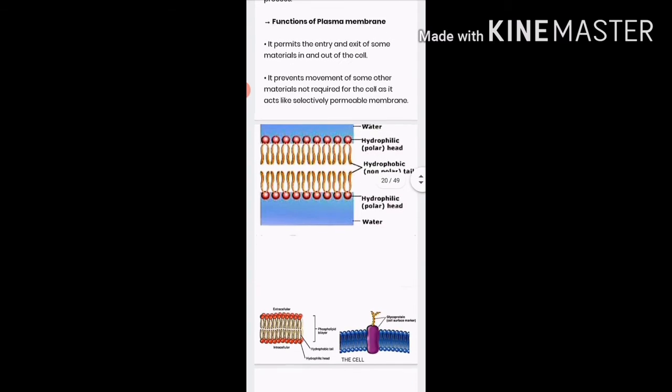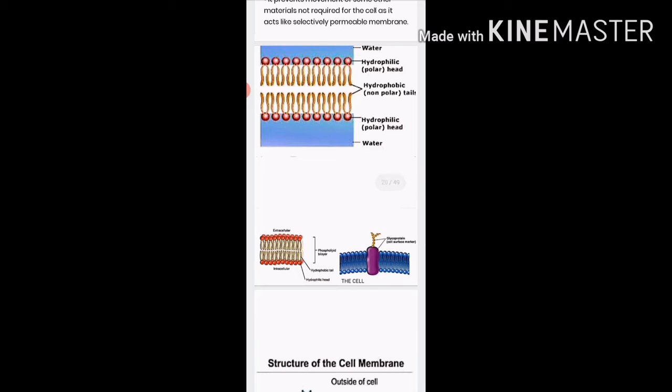Now, over here, slide number 20 is showing you exactly what I meant by bilipid phospholipid layer. If you see over here, there are two layers, where the molecule has a red color polar head and an orange color non-polar tail.